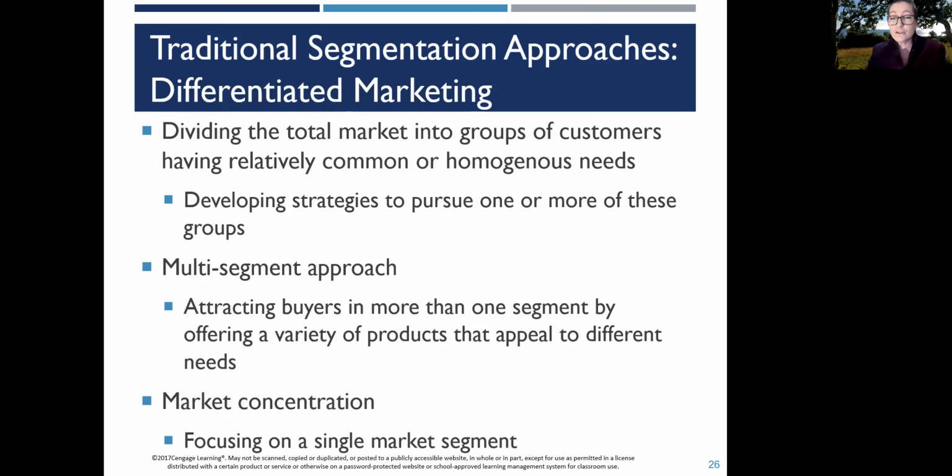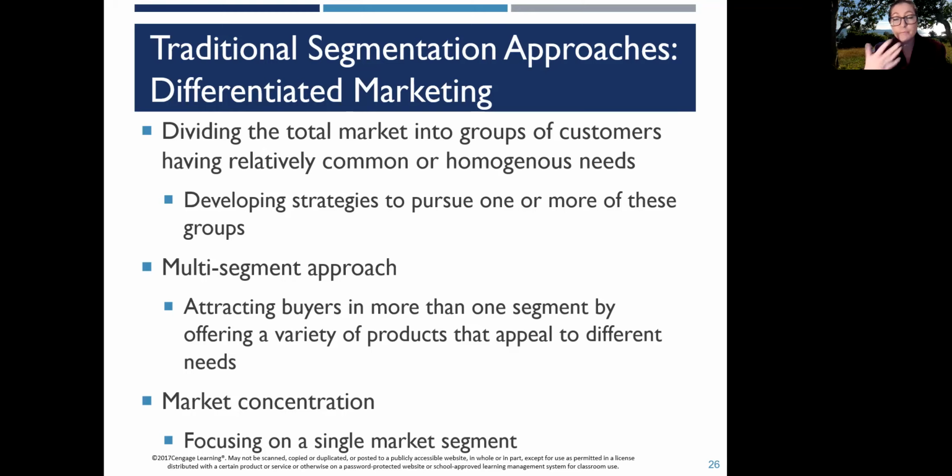And then they're developing strategies to pursue each of these various segments, right? This segment gets this Ford model, and this segment gets that Ford model, right? Because they have varying needs.